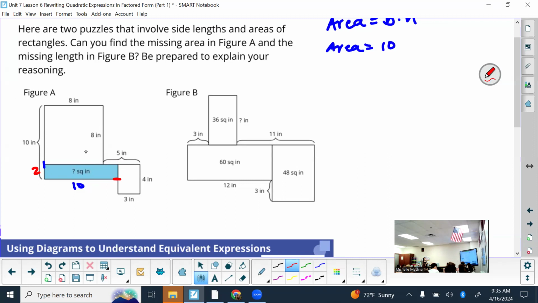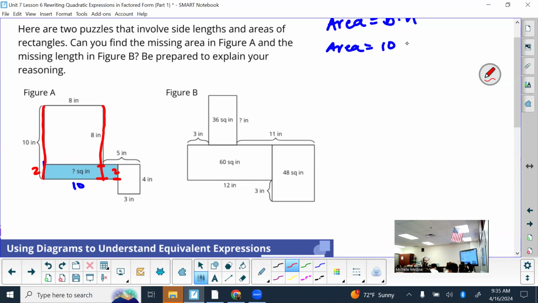On the big box, the other side is 8. Okay, so looking at this side that's labeled 8 and this side that's labeled 10, then from here to here, it must be 2.